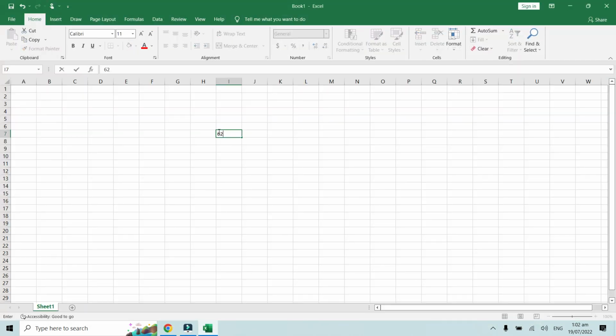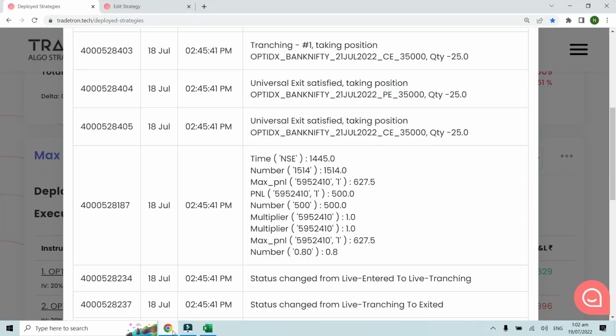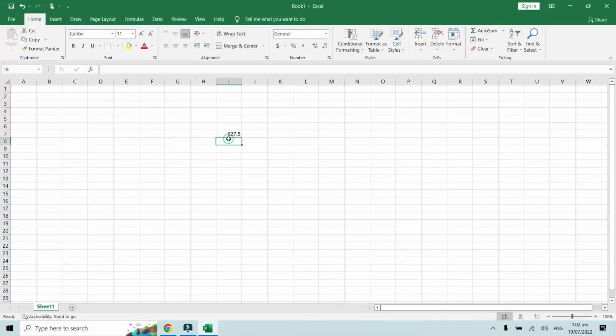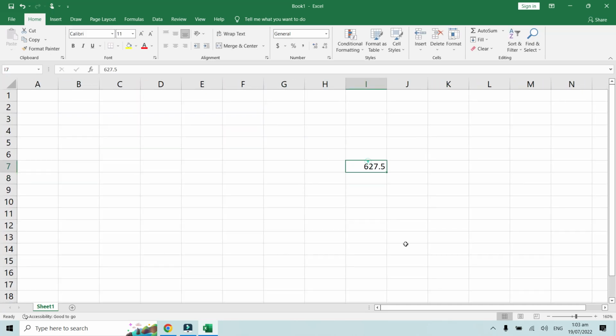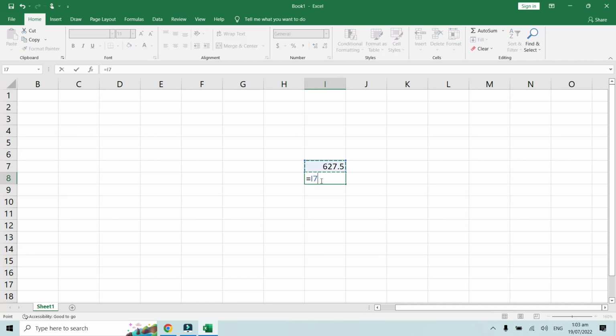So let's see an example over here. 627.5 into 80%, I will just zoom in a little bit. Yeah, so over here, 627.5 multiplied by 0.80 would be 502, that is 500 rupees, right?